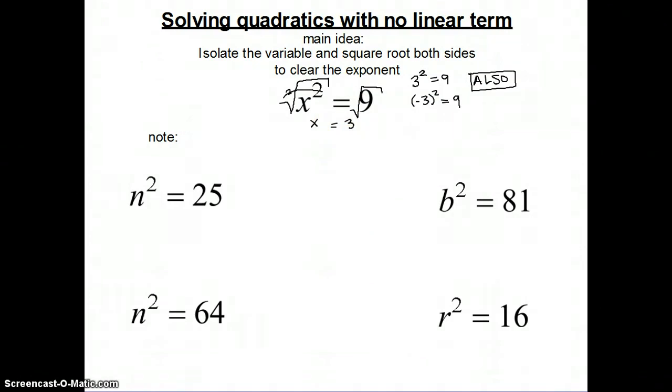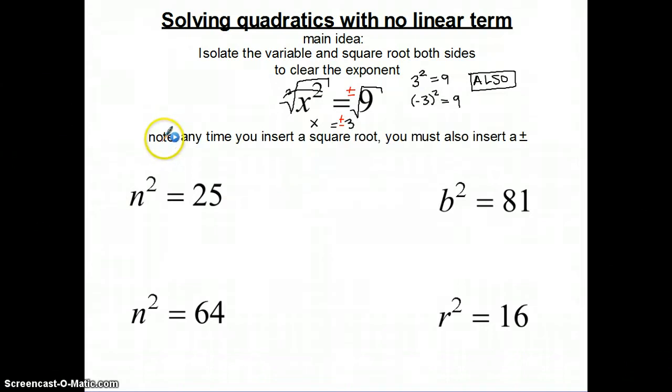The reason for this is that we put in a radical. This radical was not here until we put it in. Because of that, anytime you put in a radical, you must put in a plus or a minus sign. This signifies that your answer may be either +3 or -3. So here's your note: anytime you insert a square root, you must also insert a plus minus.